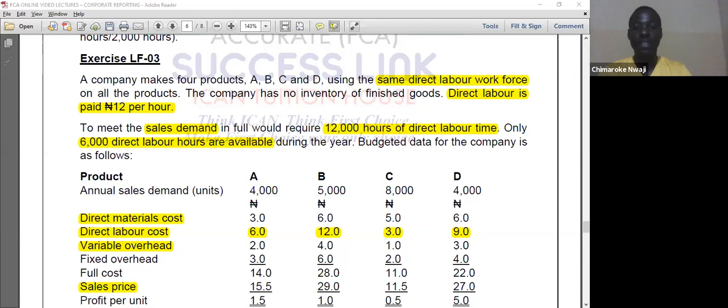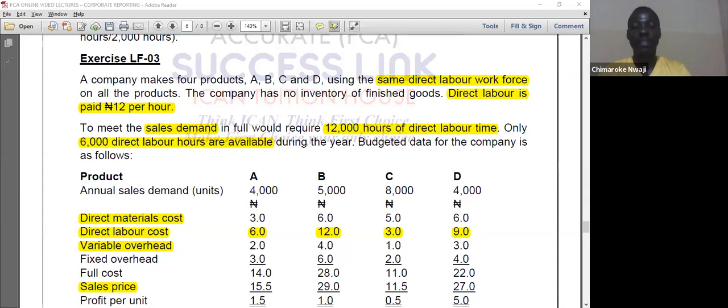So look at D, the labor hours is 0.75. So what we normally do, we'll say 0.75 hours for 1 unit multiplied by 4,000 units gives me 3,000 hours. So if it gives me 3,000 hours, that is the labor hours used. Then I will go back to here. How many of unit C is supposed to be produced? 8,000.